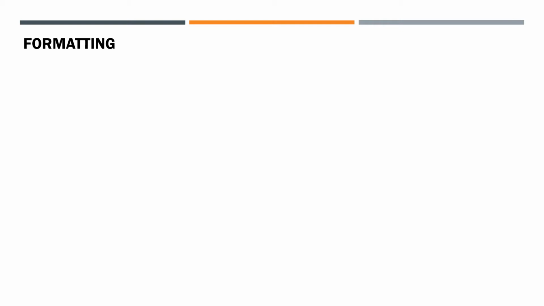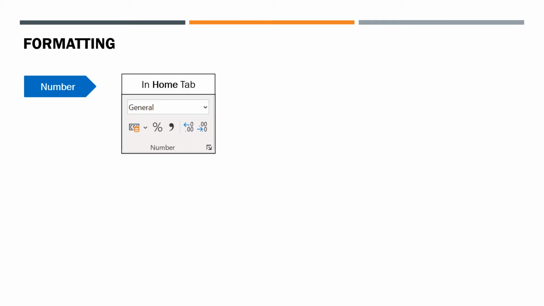In order to format your Excel appearance, you can use the formatting menu. For number formatting, you can go to the Home tab and choose General, and you click this one, the arrow pointing to the corner.